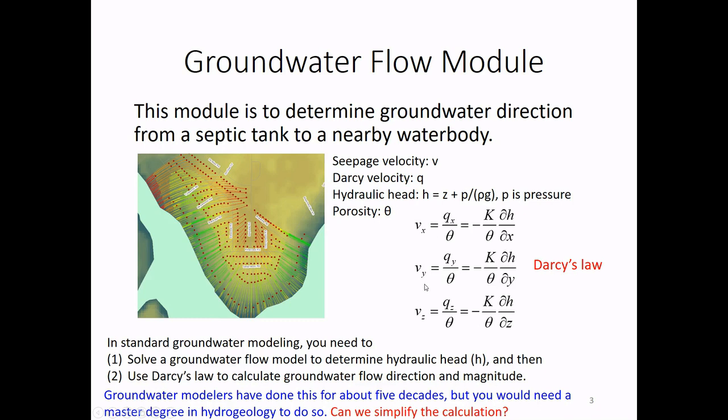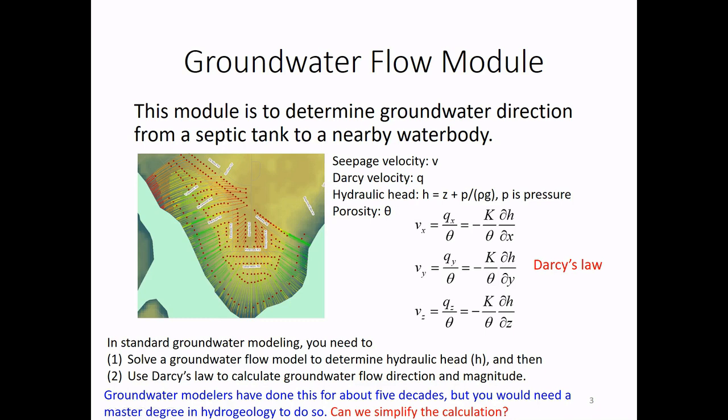So in standard groundwater modeling, there are two steps. First, you solve a groundwater flow model using MODFLOW, for example, or any software that can do the job, to determine hydraulic head h at every location. Then you use Darcy's law to determine the velocity. That means determining hydraulic head first and then the velocity.